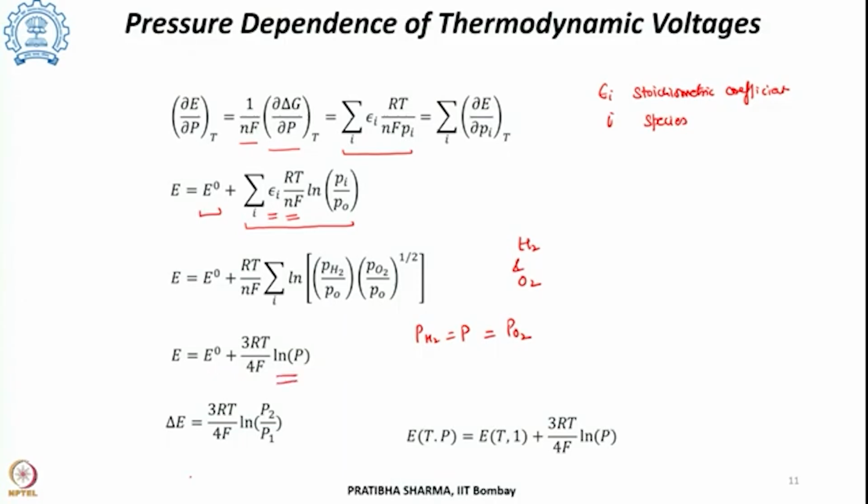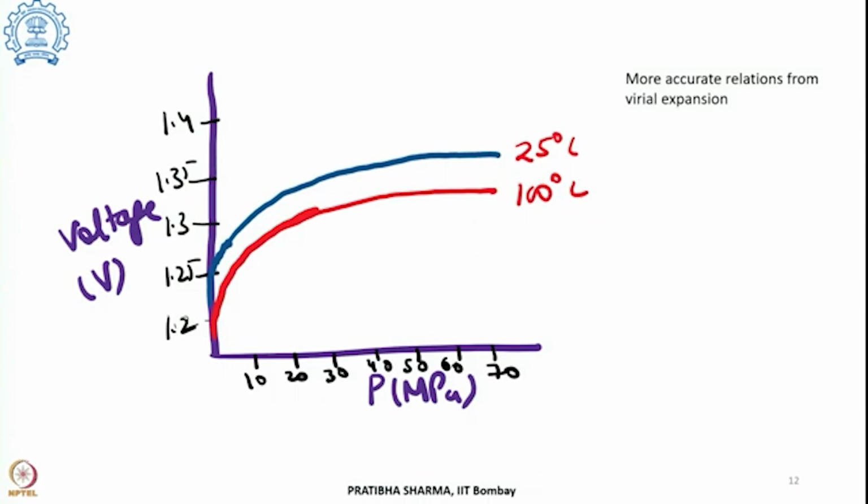However, if in the process the pressure changes from P1 to P2, then we can write the change in the thermodynamic voltage as 3 RT upon 4F ln of P2 upon P1. And if let us say the initial pressure P1 is 1 bar, then we can write the delta E as 3 RT upon 4F ln of P. This can be plotted as the variation at different temperatures.